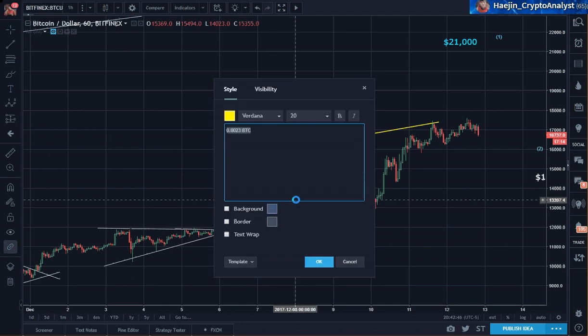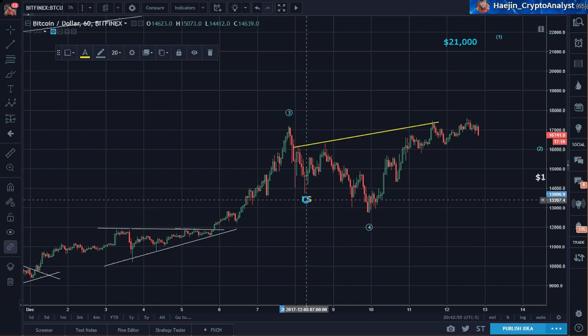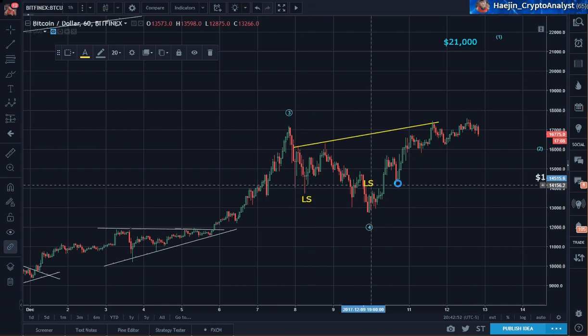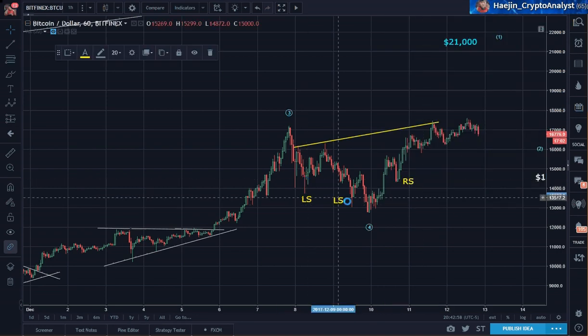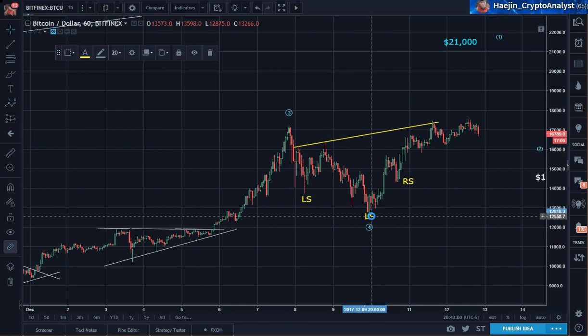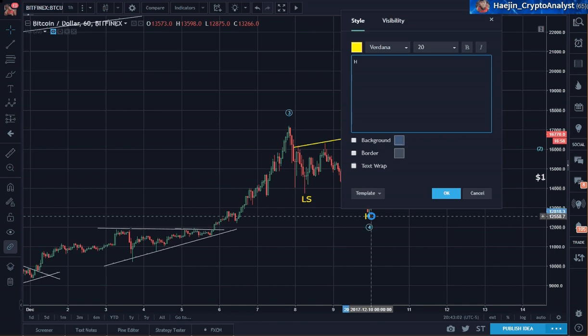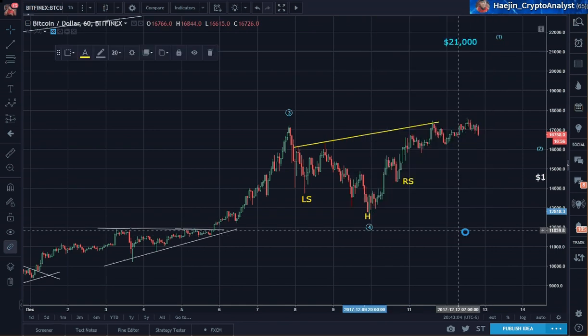This is called the left shoulder, or LS, the right shoulder, or RS, the head, or H, a little bit lopsided to the left, that's okay.